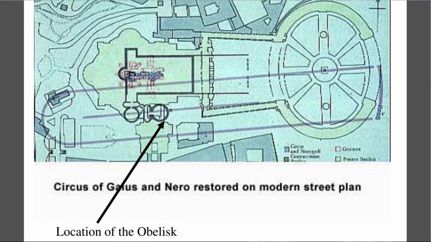And of course, St. Peter is the one who was given the charge of "upon this rock I will build my church." And so the whole Catholic Church's foundation is at this point. And this church stood from 350 or so to 1500. So it lasted quite a long time.